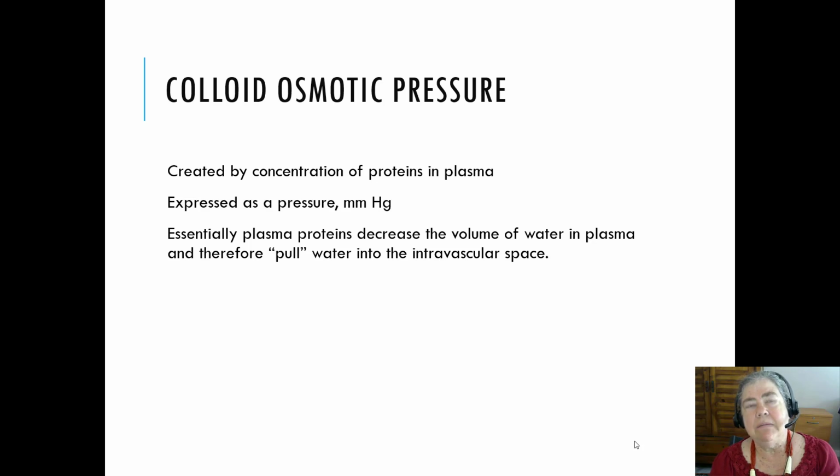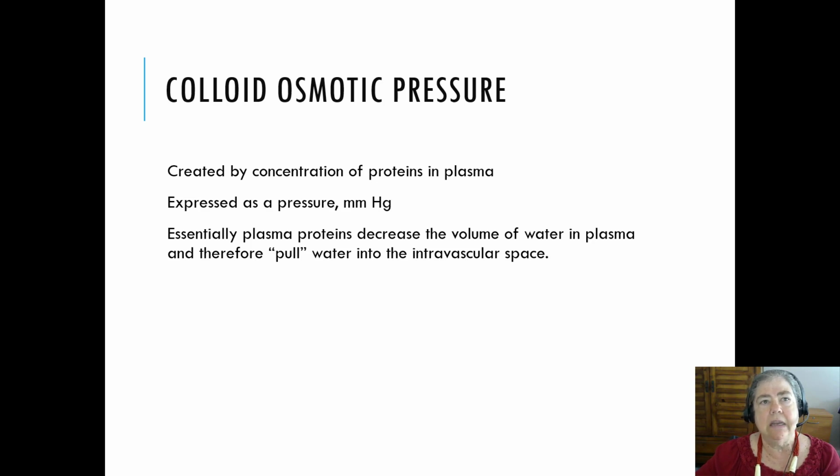The protein in plasma in the vessels exerts a pressure because it decreases the volume of water in those vessels. Since there's protein, there's less water, and so water is going to be pulled out of the interstitium into the vessels by this colloid osmotic pressure, which can be expressed in millimeters of mercury. And we talked about that a little bit in cardiovascular.